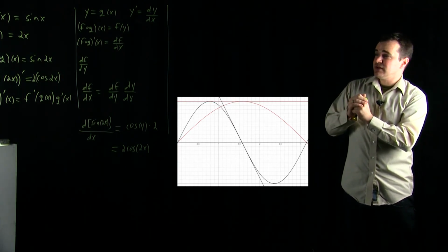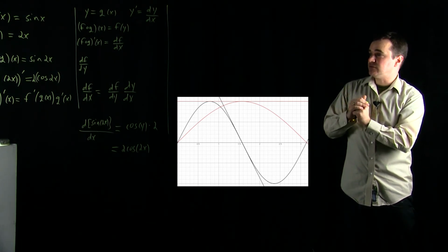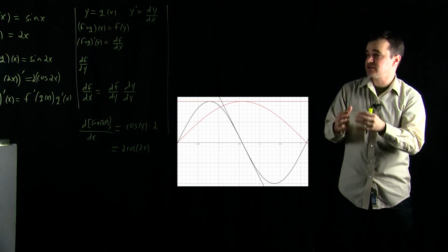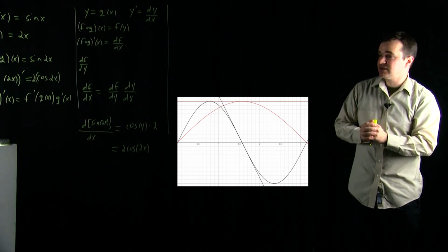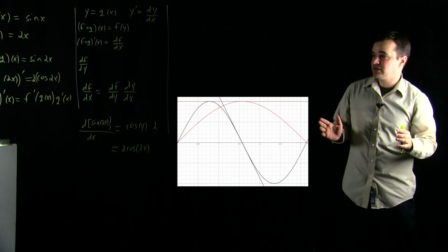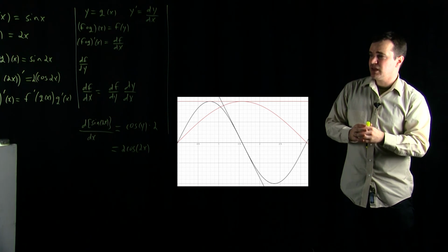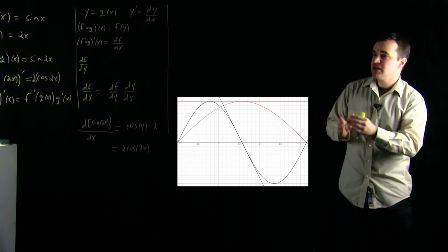And if instead of multiplying by 2, I had just looked at the tangent line with slope cosine of 2x, because that's what we say when we first see this, why do I need to multiply by the derivative of the inside function? Why can't I just take f prime of y? If I only had that line with slope cosine of 2x, here's what it would look like.